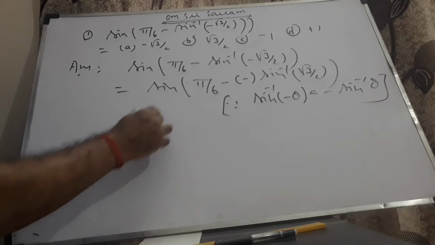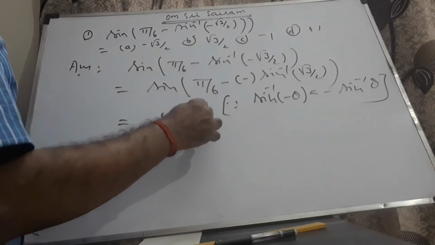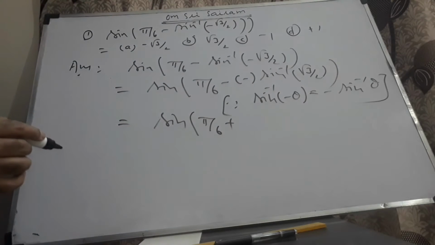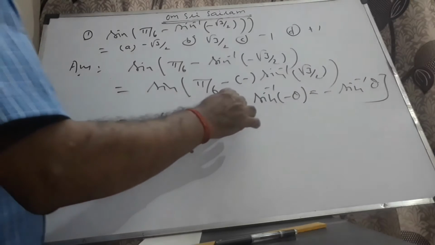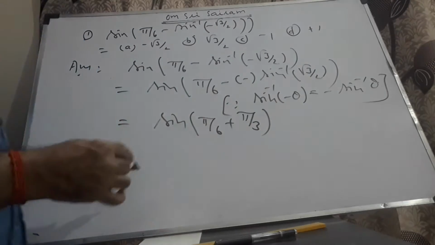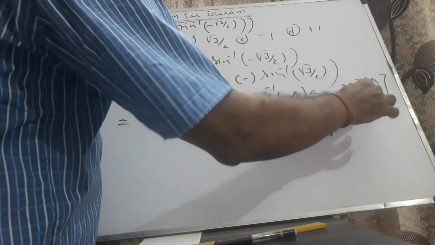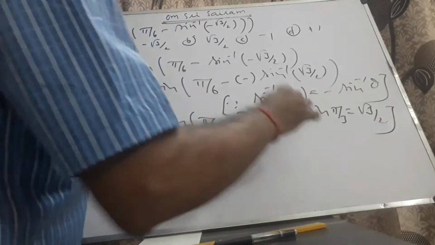Using this rule I'll get like this. Therefore this is pi by 6 plus sine inverse root 3 by 2 in the principal value branch. Of course sine 60 degrees, we call it as pi by 3, since sine pi by 3 is equal to root 3 by 2.